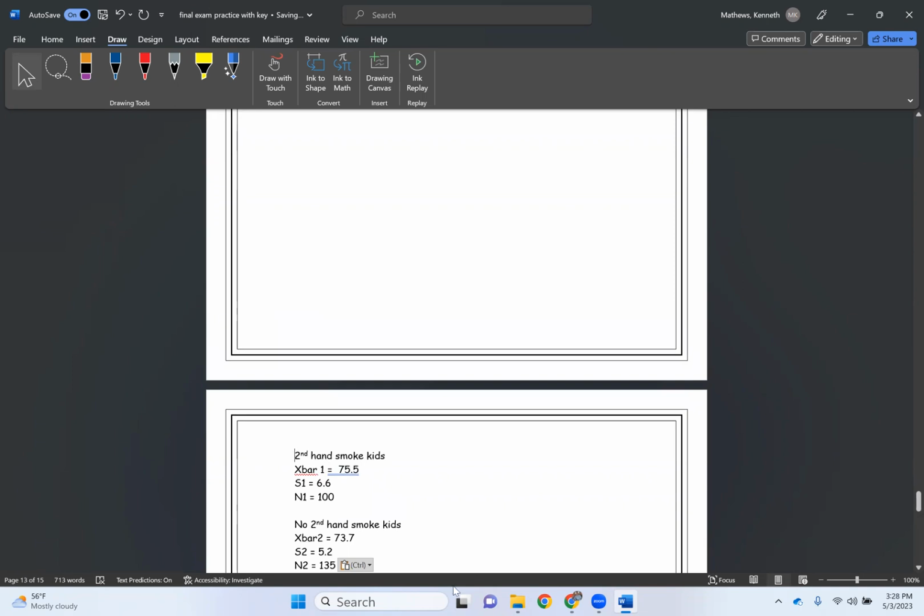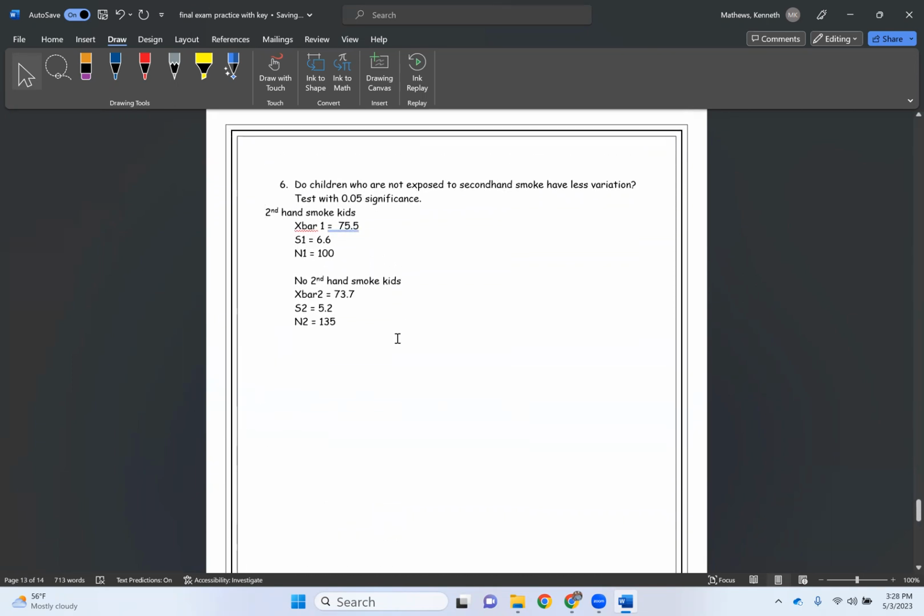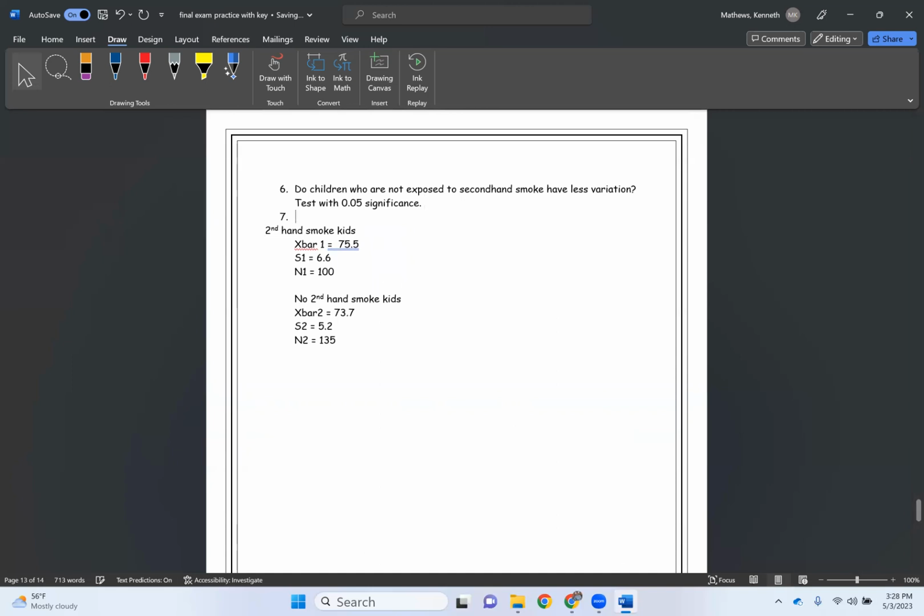Oh my gosh, why did it do that? Okay. All right, we don't need our x-bars because we're only testing the variation, which is the standard deviation. So we're not going to need that. I'm going to delete it so it doesn't get in the way. All right, and our alpha level this time is 0.05.